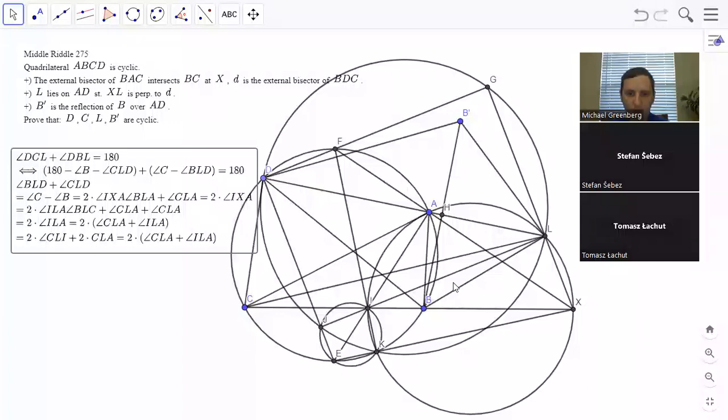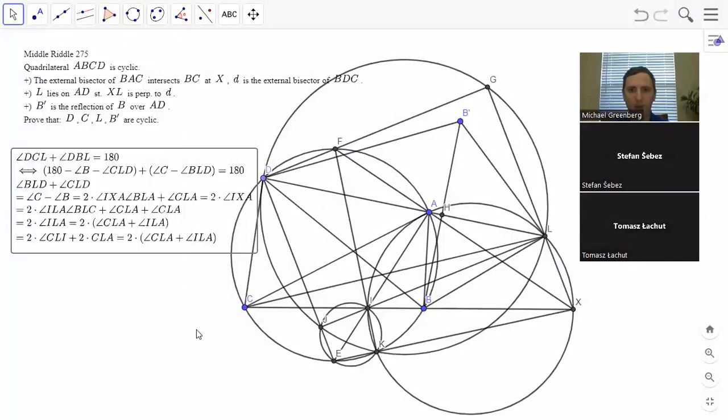So DCL is 180 minus angle B minus angle CLD. Because 180 minus B is this, so it's saying this is DCL plus CLD.